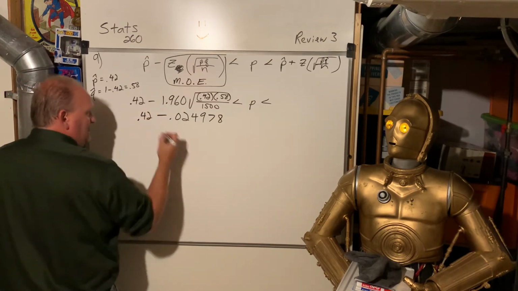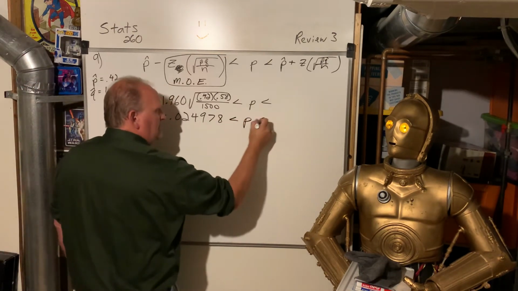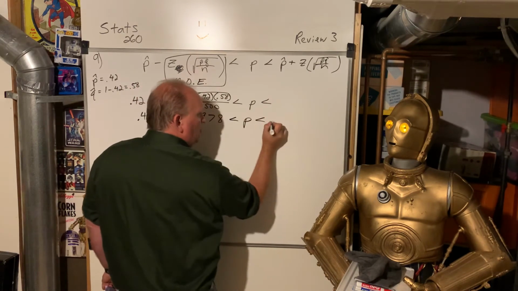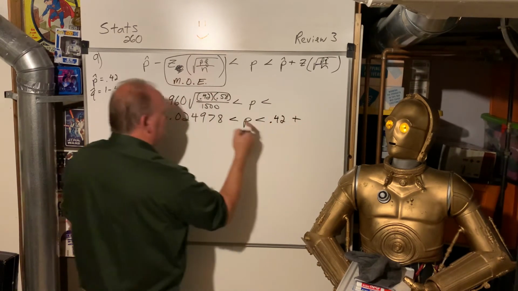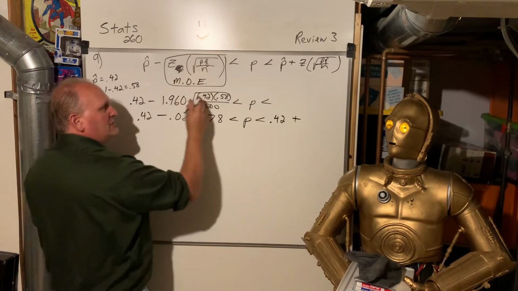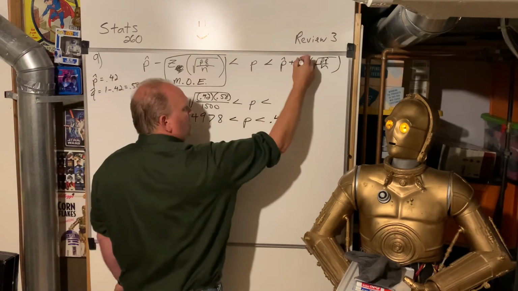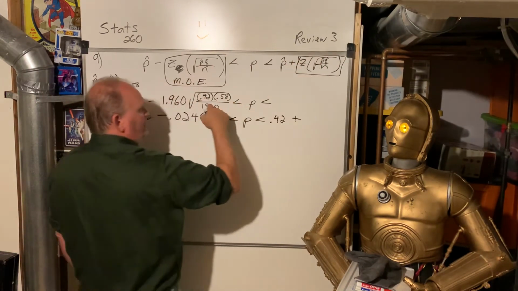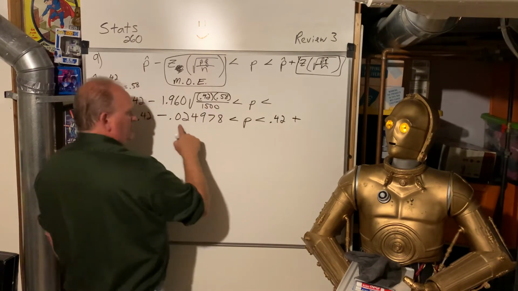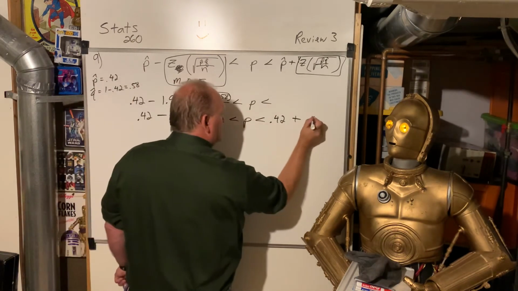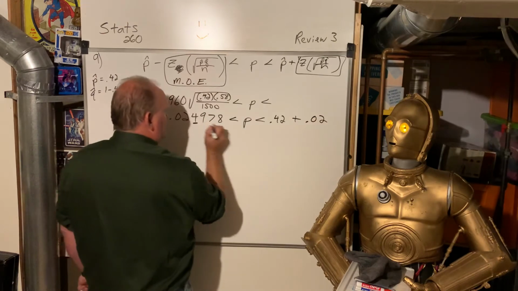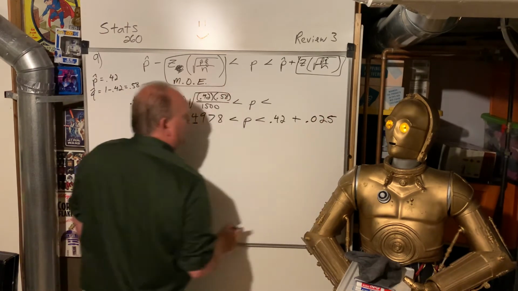0.42 minus that is less than P, less than, now for this, it's 0.42 plus the same thing. So you don't do this calculation twice, because this part is just that margin of error again. So it's just this number again, let's round to thousandths, 0.025.